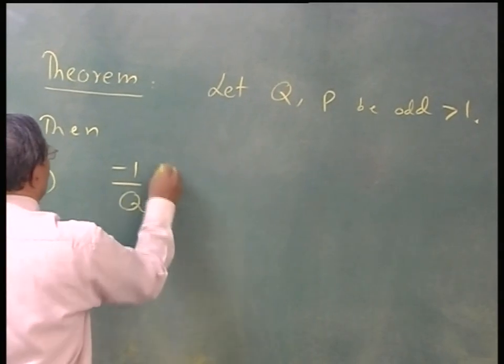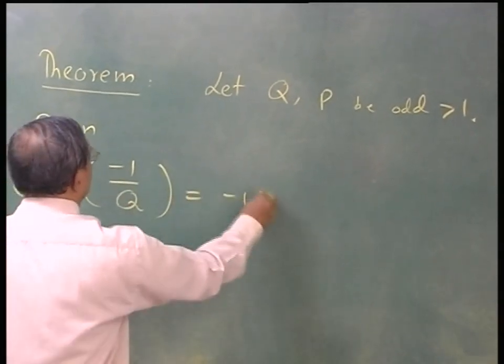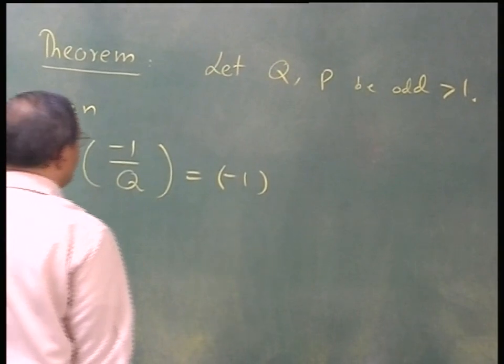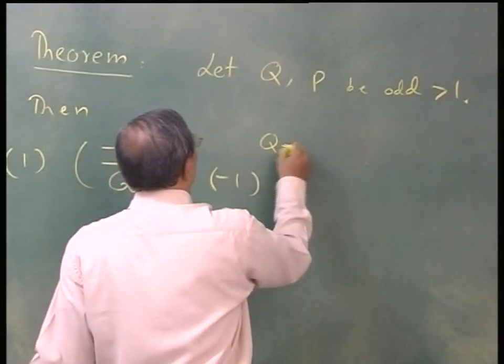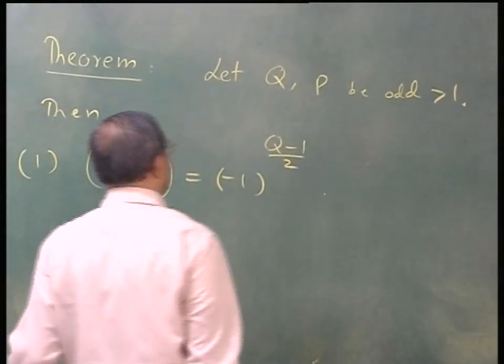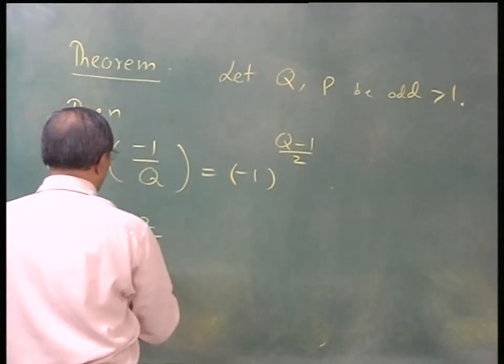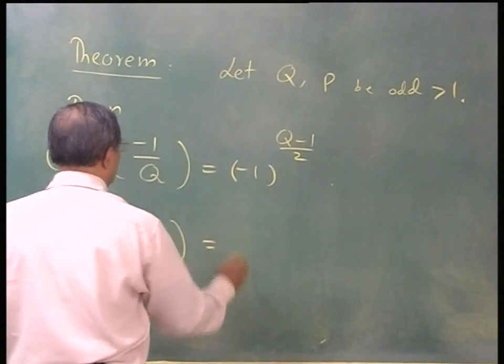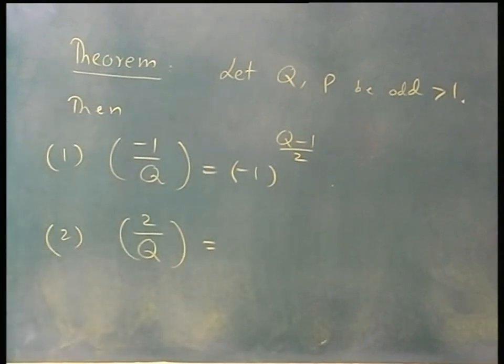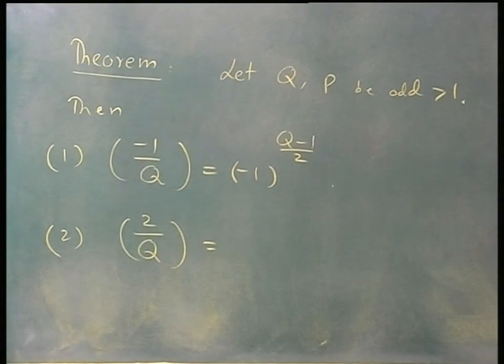Minus 1 by Q is equal to minus 1 raised to Q minus 1 by 2. And 2 by Q, similar to the property of the Legendre symbol, is minus 1 raised to Q square minus 1 by 8.